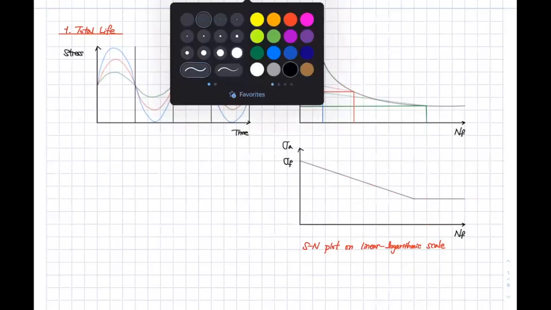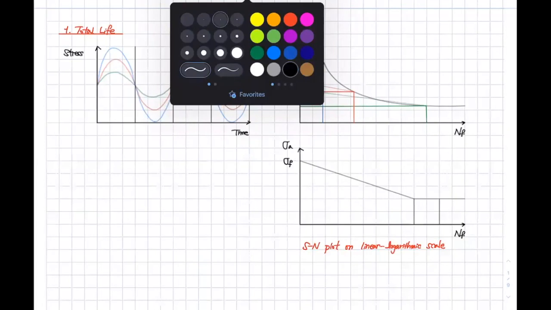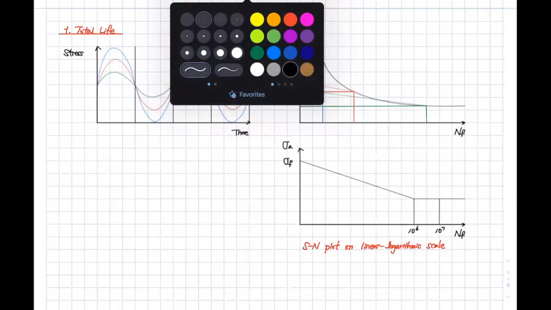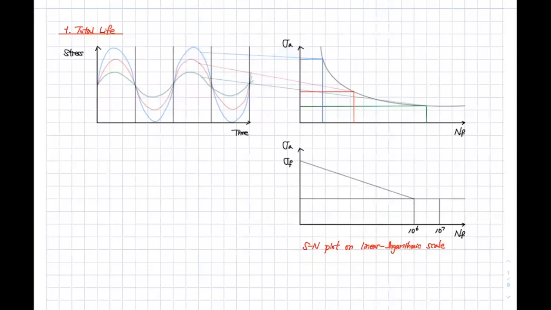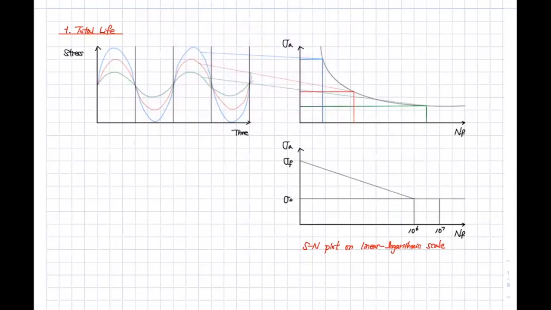At a certain value of stress amplitude right here, there's no change in the number of cycles, and that we call sigma E. This is the endurance limit.